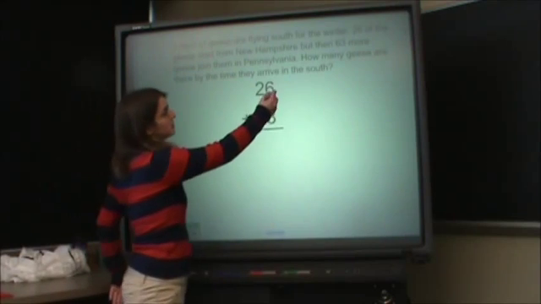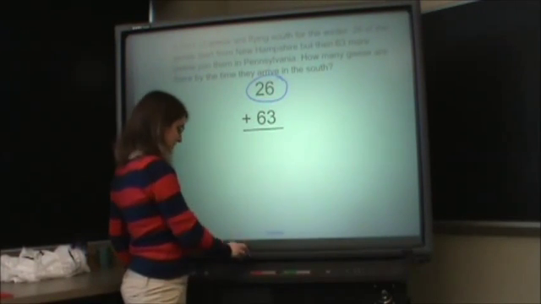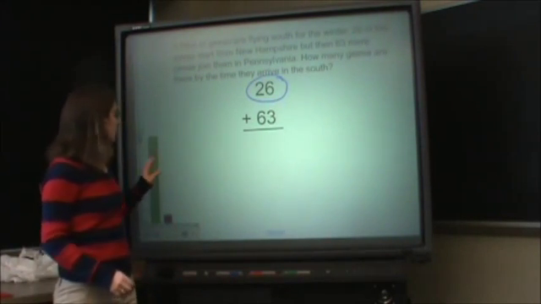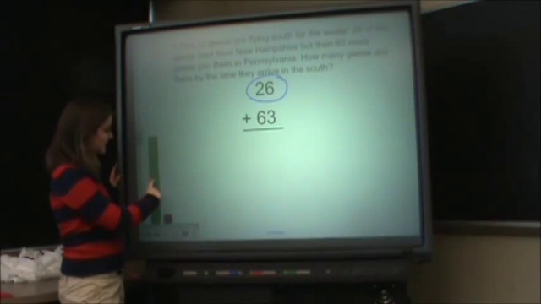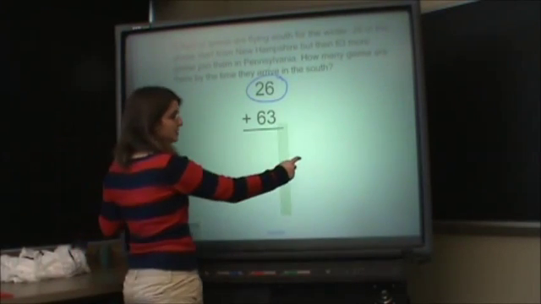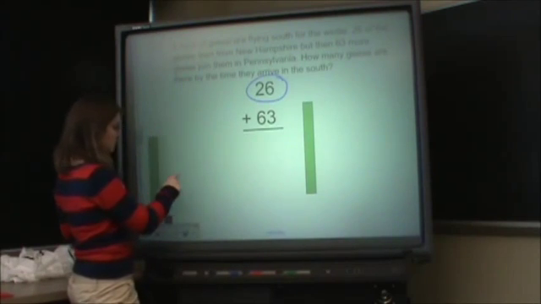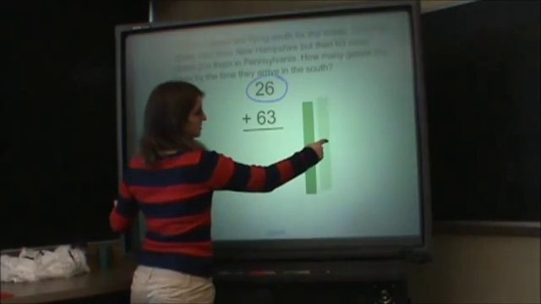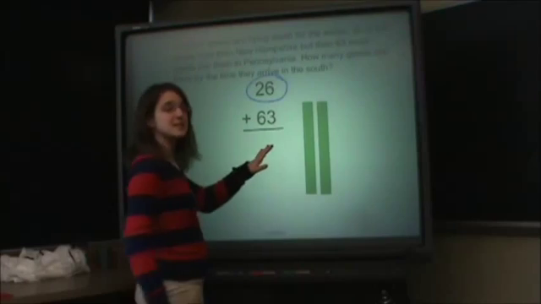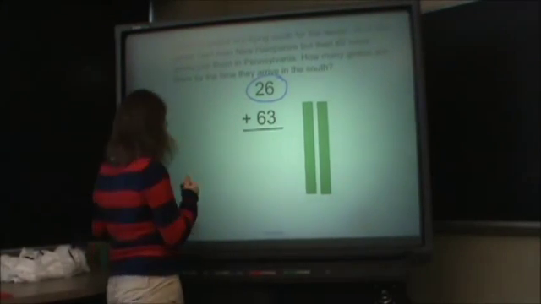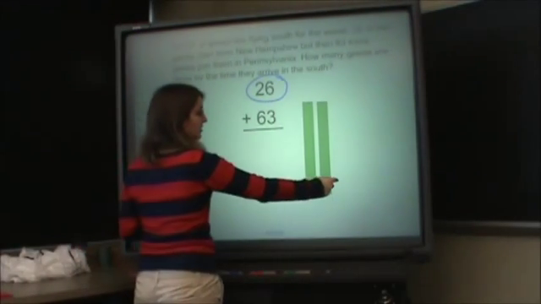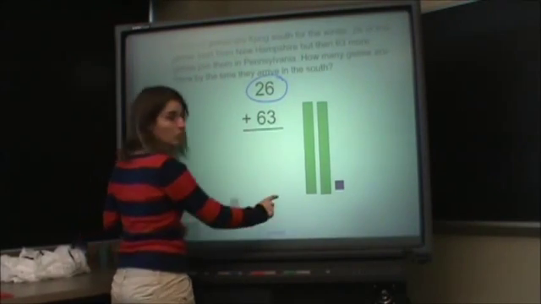Let's start by pulling apart our 26. We know that there are 2 tens or 2 longs in 26. And we're using these base 10 blocks to represent our geese. And then we have 6 ones.